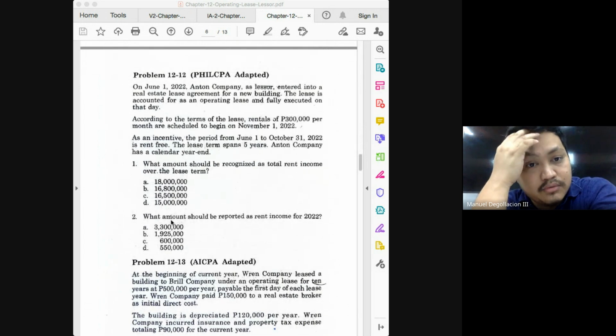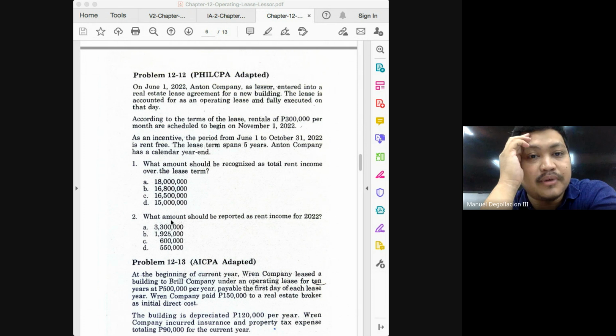Next, what amount should be recognized as total rental income? What amount should be reported as rent income? Total rental income over the lease term, class, how much?